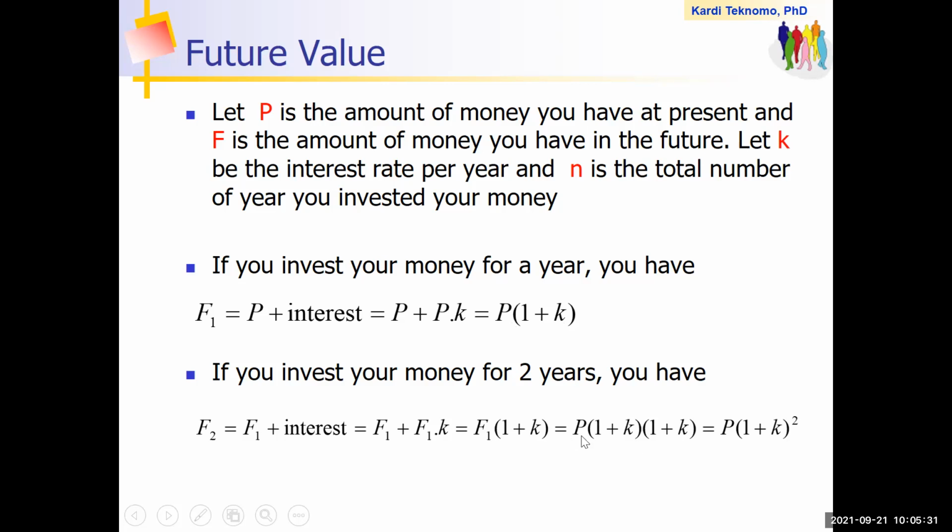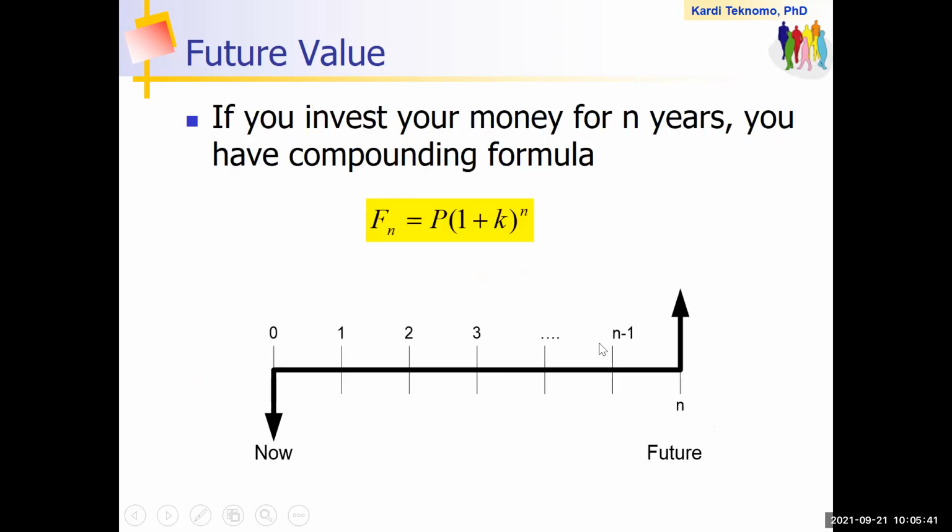So now you have P(1 plus K) multiplied by (1 plus K). That's equal to P(1 plus K) exponent 2. So if you continue this, you will have this formula. If you invest your money for N years using the compounding formula, Fn equals P(1 plus K) exponent N.